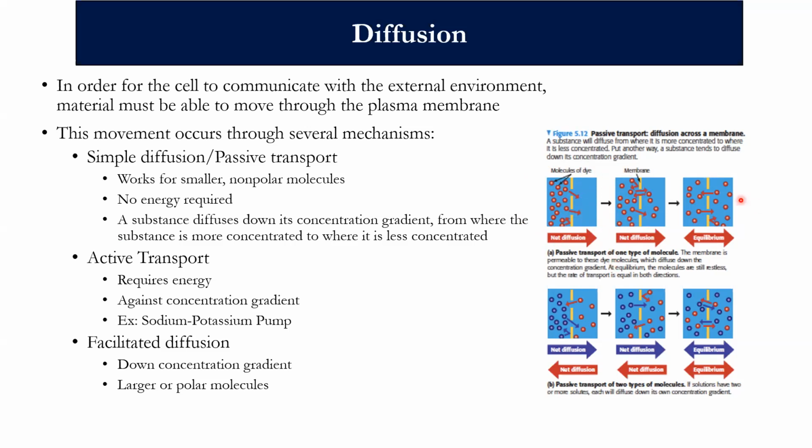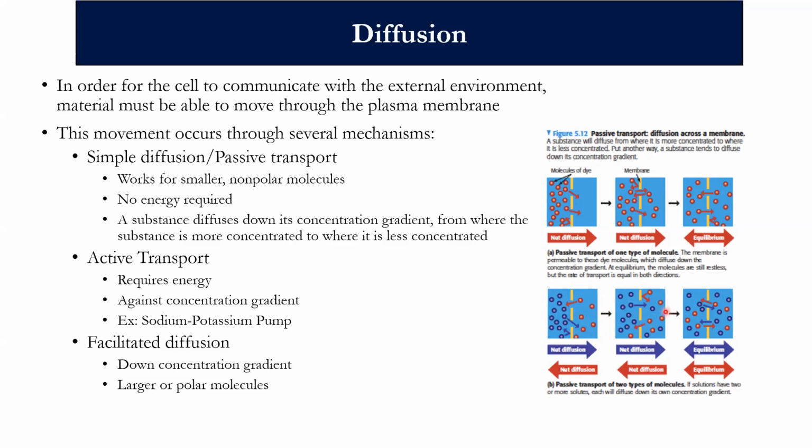This top example is showing passive transport of one molecule across the plasma membrane. Down here in B, we show passive transport of two types of molecules. In the extracellular environment, you have a high concentration of this blue molecule, so the blue molecule wants to go into the cell, whereas this red molecule is highly concentrated in the cell, so it's going to want to go outside of the cell.